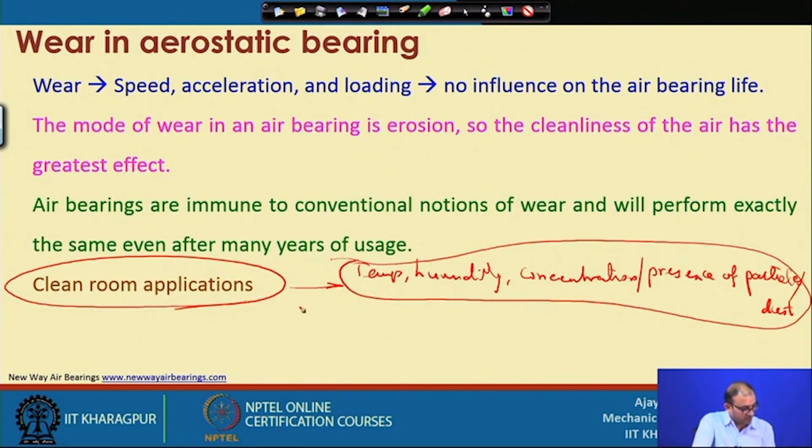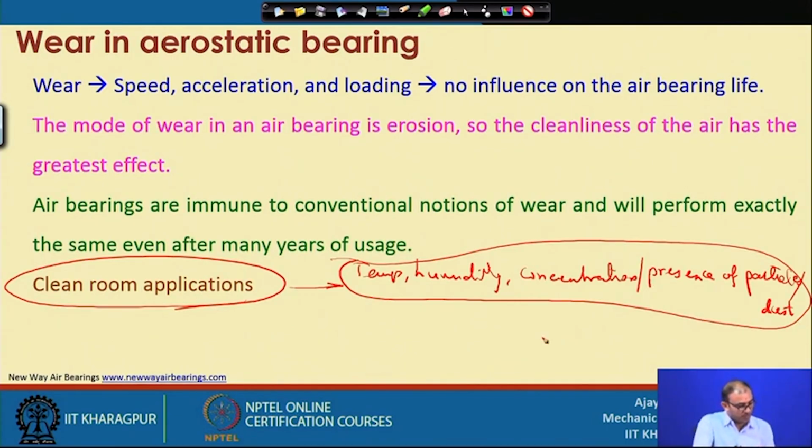So, clean room requirement means clean room 10,000, clean room 1,000, clean room 10, clean room 1. The higher the rating, the more strict the maintenance. So, you maintain the particle presence within a volume, like 0.5 micron particles present in a 1 meter by 1 meter area or something like that. In that case you are maintaining a perfect condition for different types of applications.